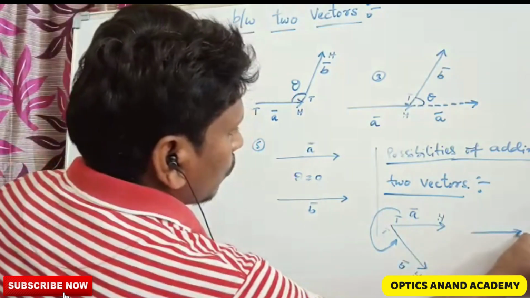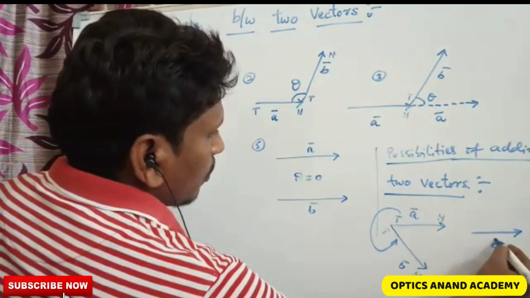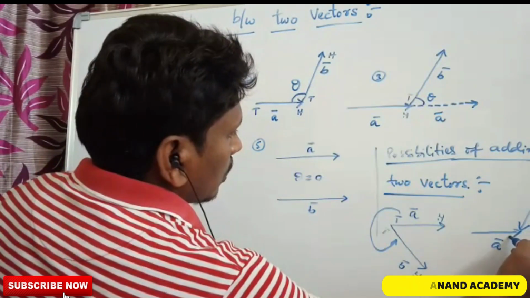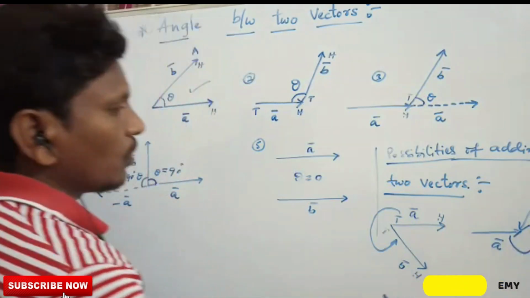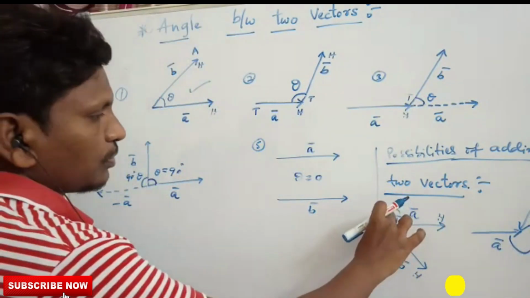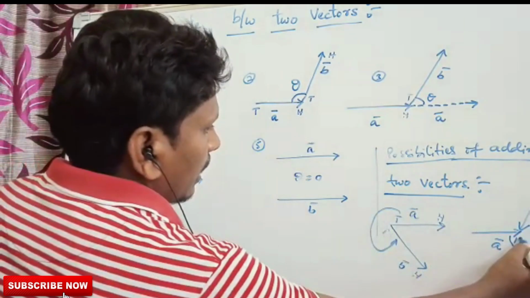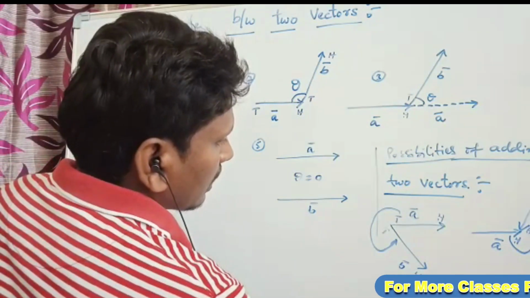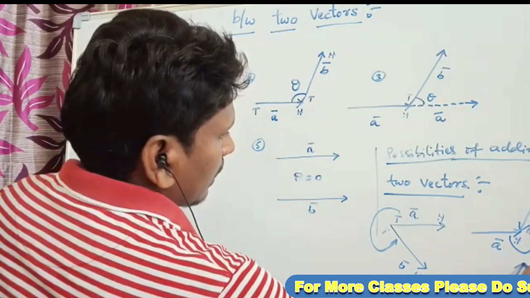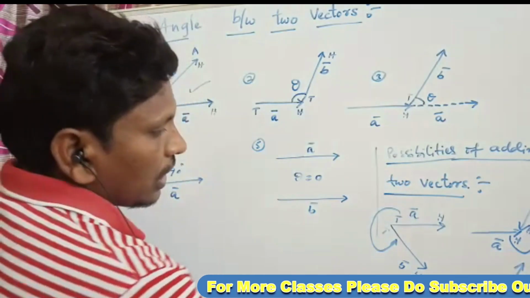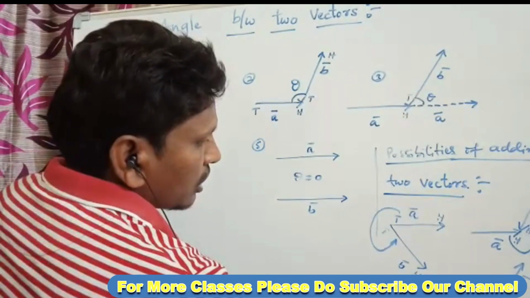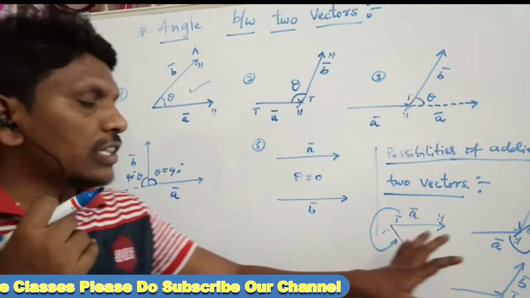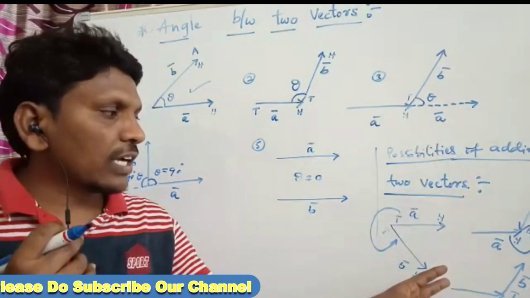In another, A bar and B bar are added with respect to heads. And one more possibility: the head of the initial vector is added to the tail of the other vector. These are the three possibilities of adding up two vectors.